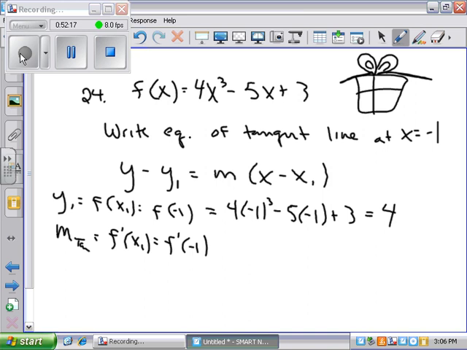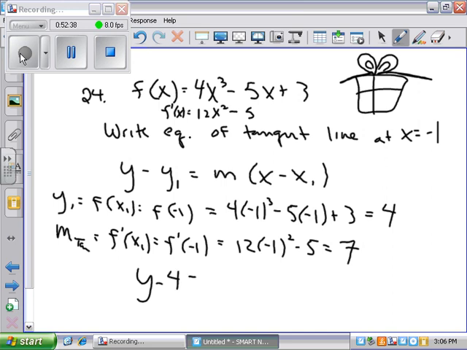And the derivative, okay, so when we plug -1 in there, we get 7. So our equation of the tangent is y minus y1, which was 4, equals the derivative, which was 7, times x minus x1, so it'll be x plus 1.